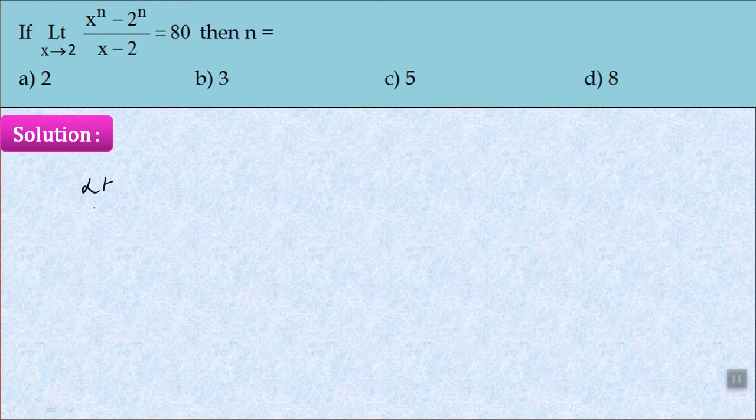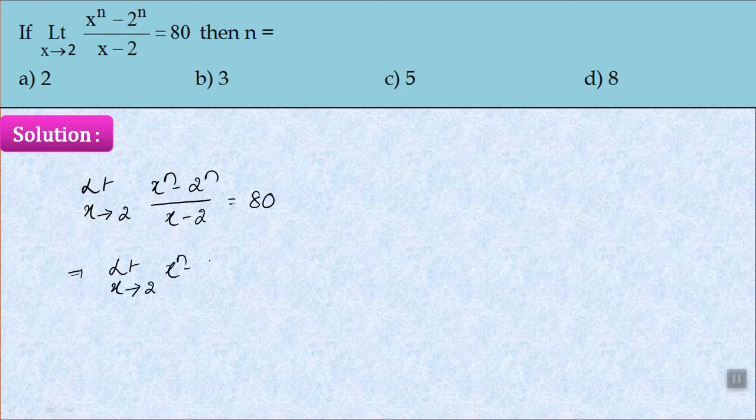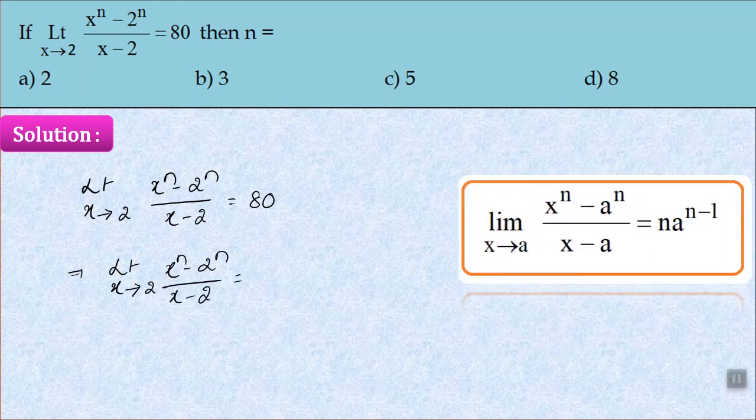Given limit x tends to 2, (x power n minus 2 power n) by (x minus 2) is equals to 80. We know that limit x tends to a, (x power n minus a power n) divided by (x minus a) is equals to n into a power n minus 1.